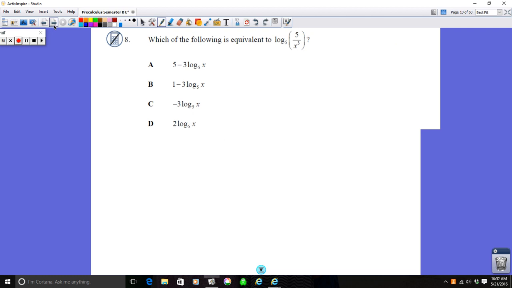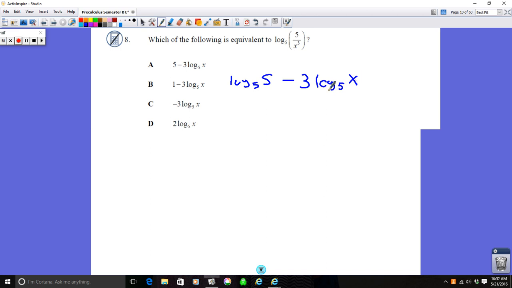Now we're getting into a whole lot of problems on logs. This is a problem where we are rewriting. So division, remember, becomes subtraction. So log base 5 of 5 minus, because you have division, x to the third, remember that exponent becomes the coefficient, goes out in front, 3 log base 5 of x.